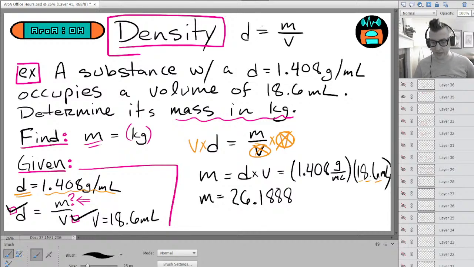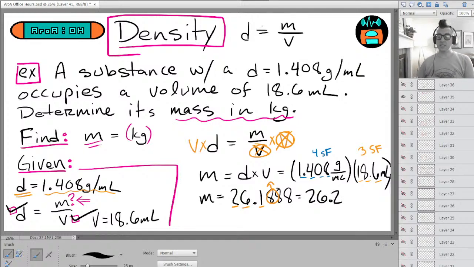18.6 has 3 sig figs. 1.408 has 4. And we've got to roll with the fewer of the two, right? So we've got to roll with 3. 1, 2, 3. The 8 rounds up, so our mass here is 26.2.